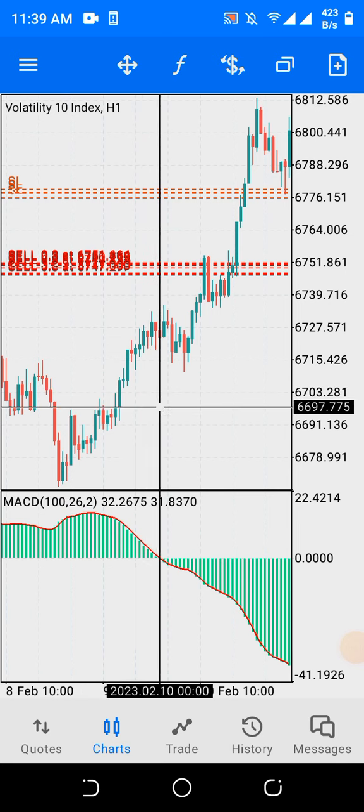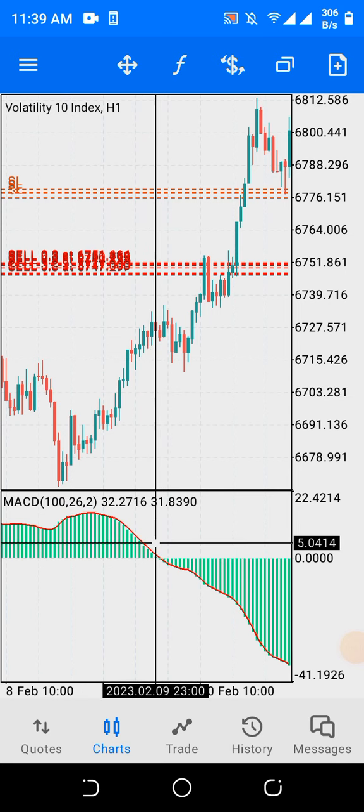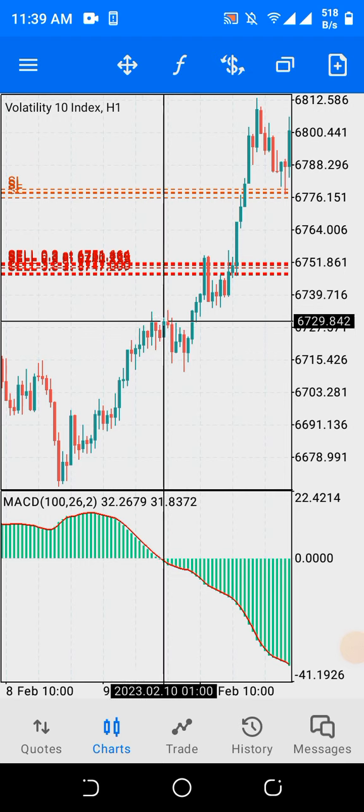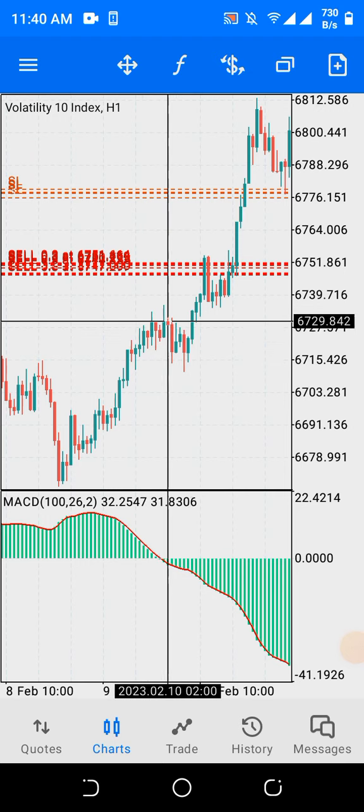So from this point, look at where the crossing occurs from the MACD, and this is the point where you're supposed to make your entry. But with the concept of convergence and divergence in conjunction with the MACD indicator, this little retracement here, this concept will take care of it.